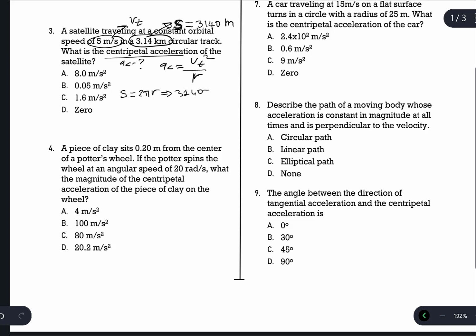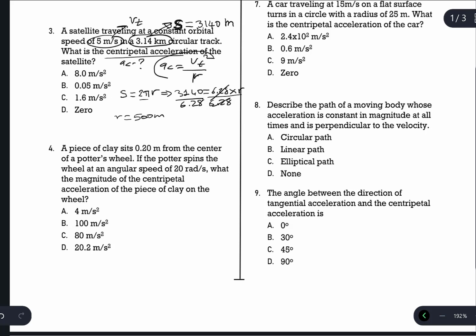So 3,140 meters is equal to 2 pi, which is 6.28, multiplied by the radius. When we simplify, we get the radius of the circle: 3,140 divided by 6.28 is 500. So the radius of the circular path is 500 meters.